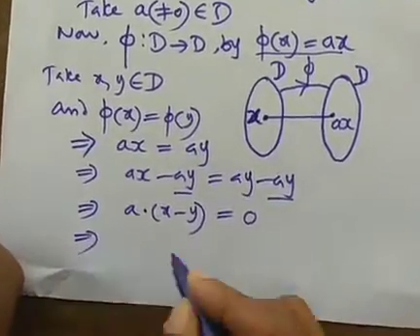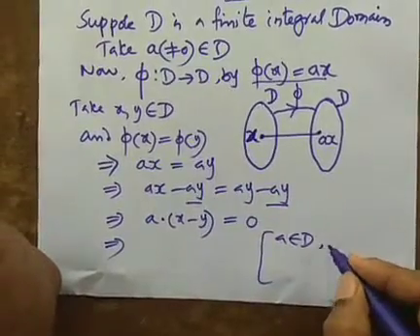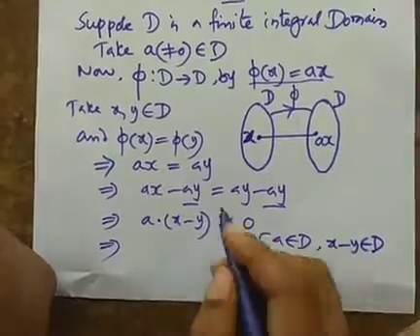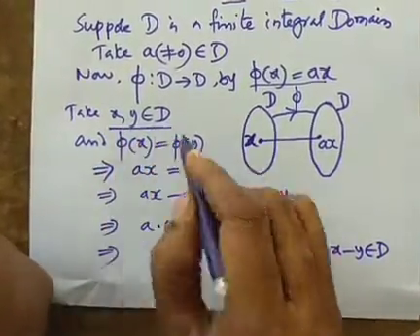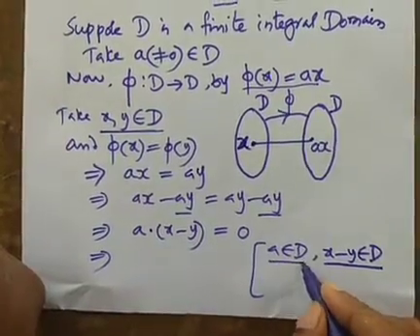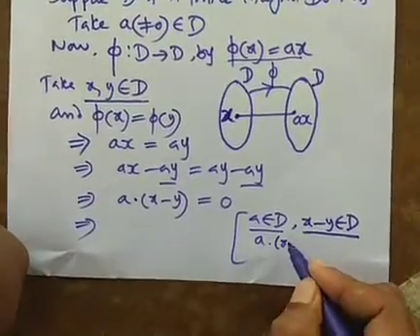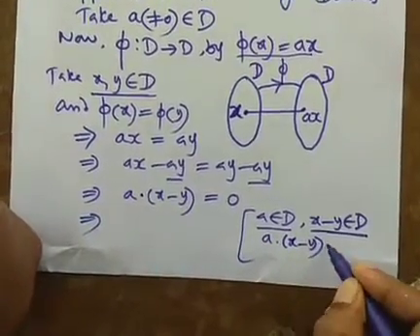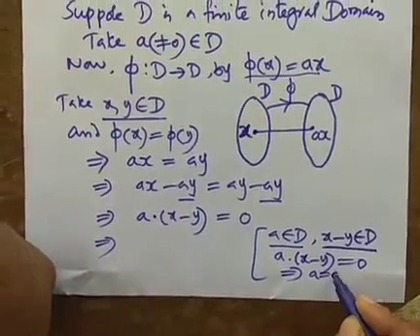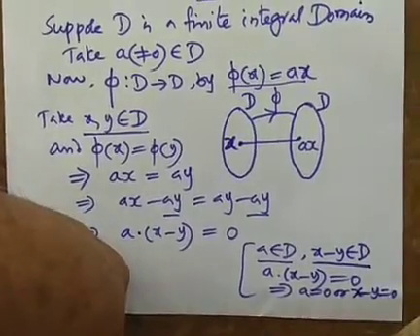We know that a belongs to D and x minus y belongs to D, since x and y are elements in D. And also, since D is an integral domain, a(x minus y) = 0 implies either a = 0 or x minus y = 0.